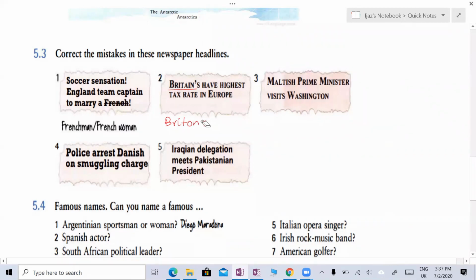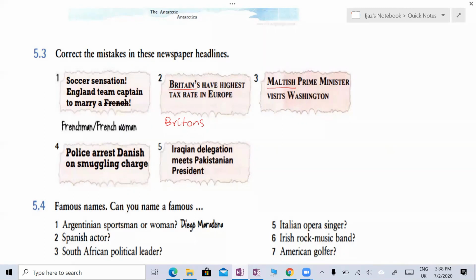Okay. Number 3, Maltese Prime Minister visits Washington. Maltese. The country is Malta. What will be the nationality of someone from Malta?